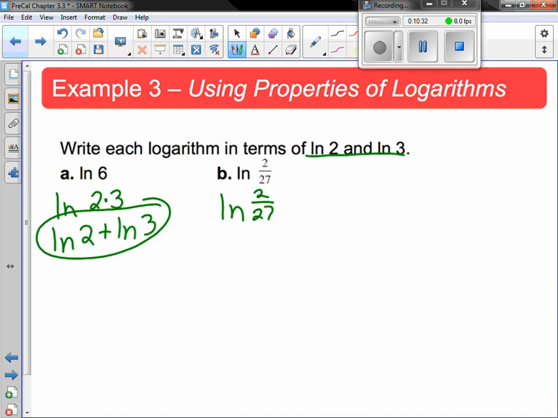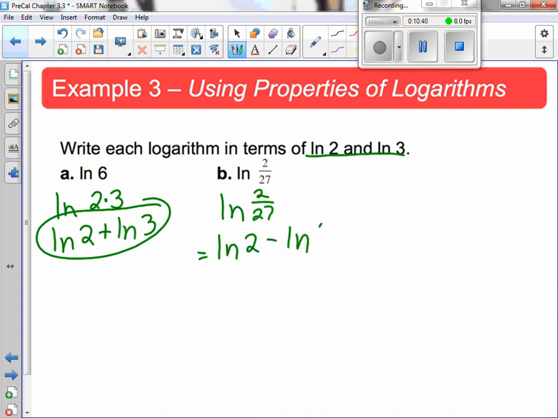ln of 2 over 27. Well, that's division, isn't it? So I can rewrite this as ln of 2 minus ln of 27. Well, the first one, ln of 2 is fine, because we do have that in terms of ln of 2, yes? But I don't have ln of 27. I can't leave it as that.